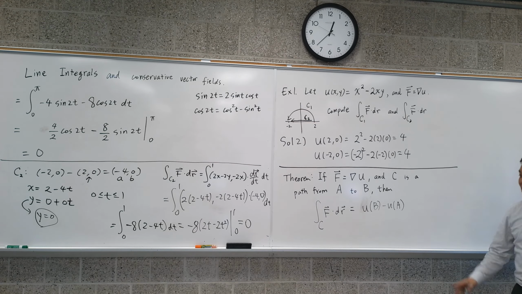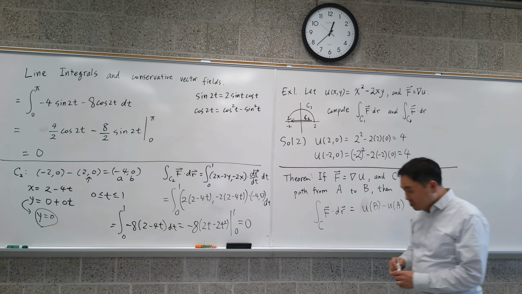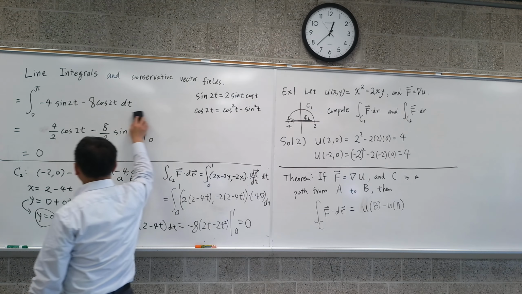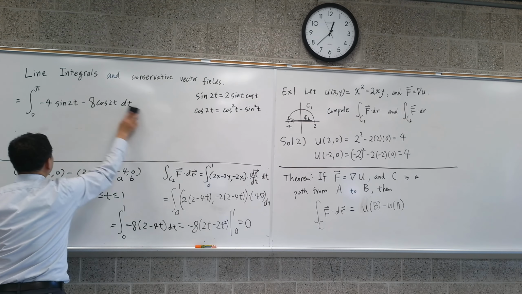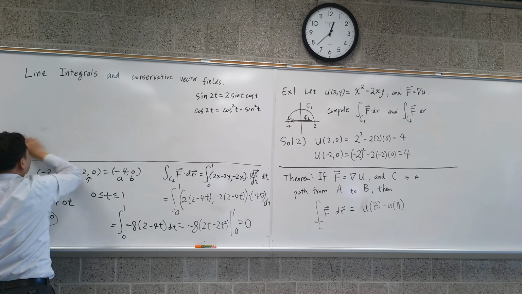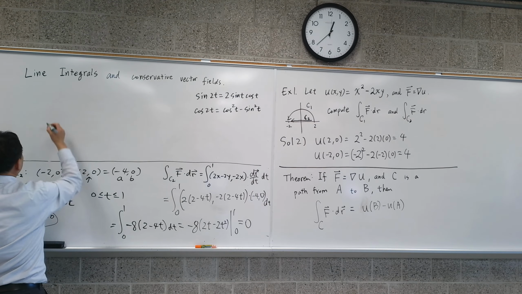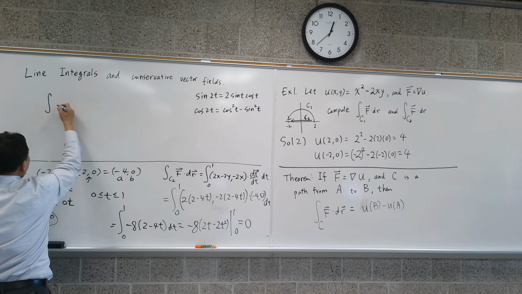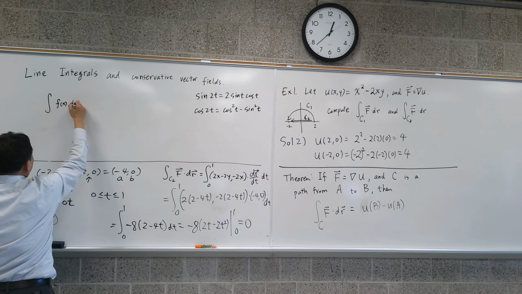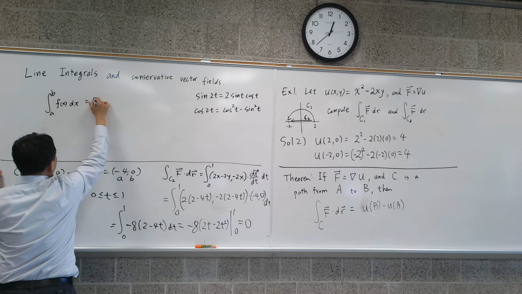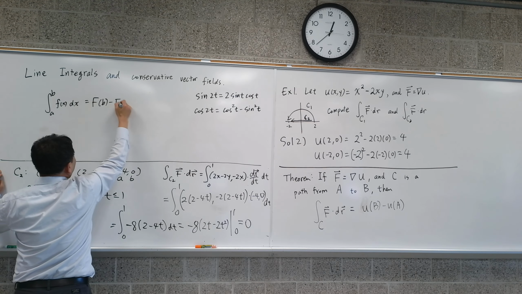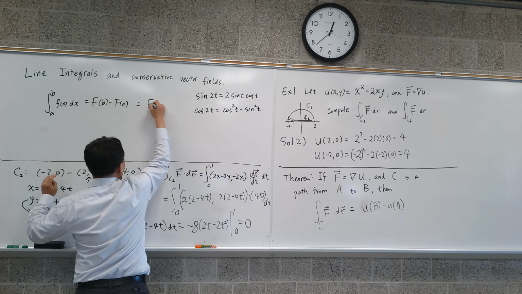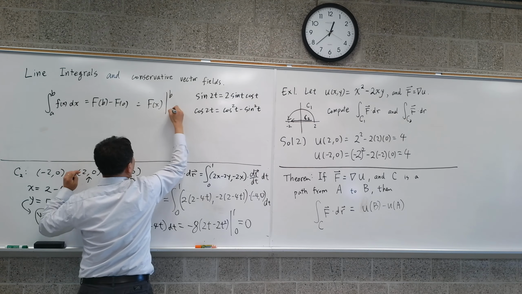Now this looks a lot like the fundamental theorem of calculus, right? What is the fundamental theorem of calculus? It says if you have the integral of f of x dx from a to b, then it's F of b minus F of a, often written as F of x and you plug in b and a.